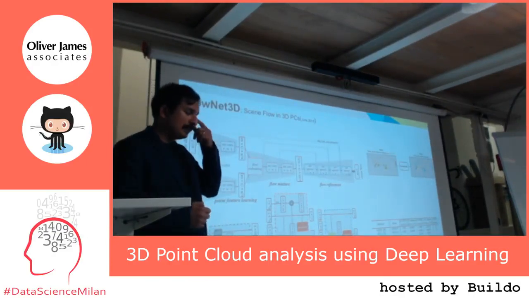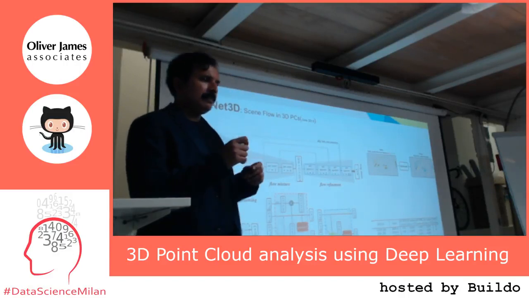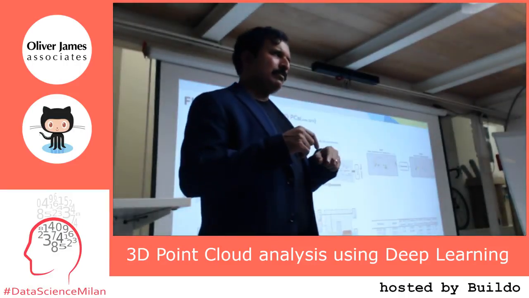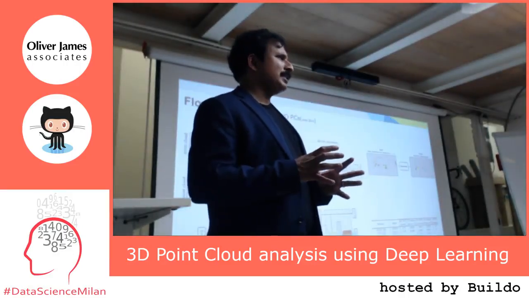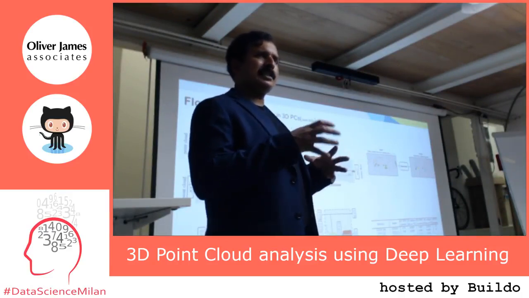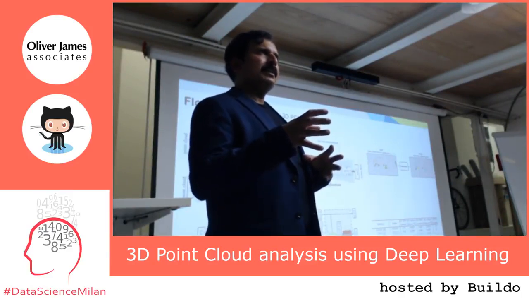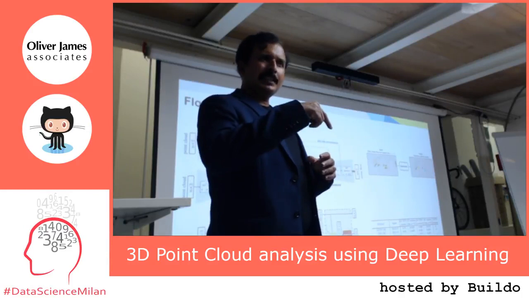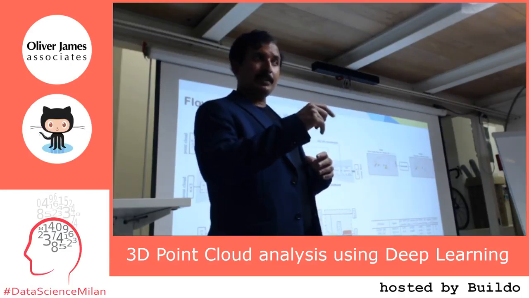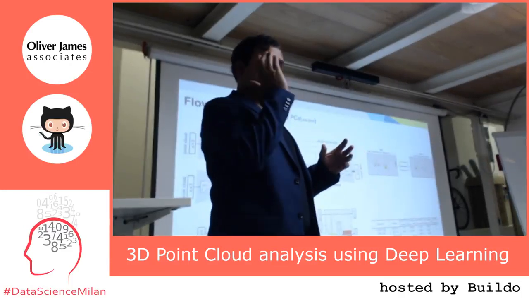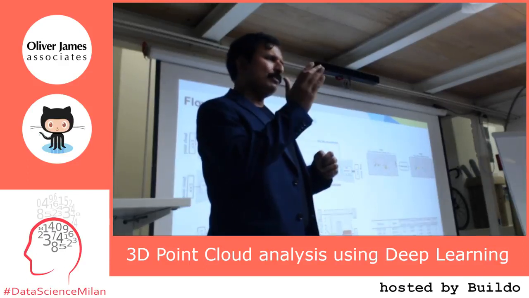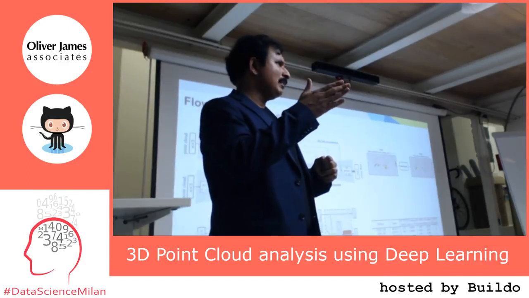FlowNet 3D is one. Right now, some of the autonomous car companies are using models similar to this to detect the action. It's not just classification or semantic segmentation, which can be done by taking a snapshot image, but action flow is sometimes interesting.